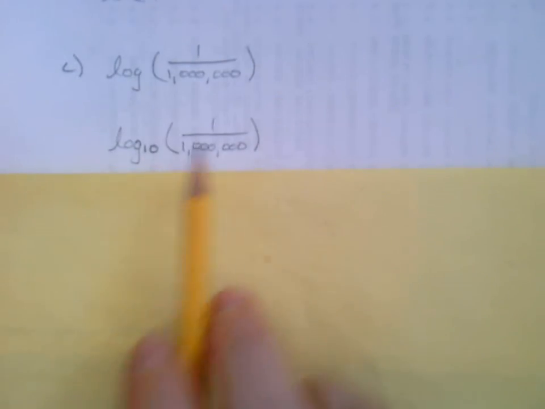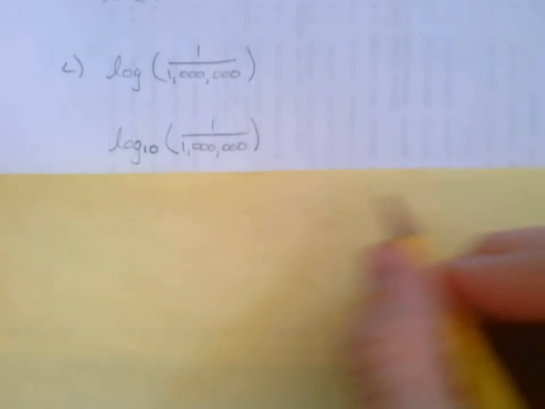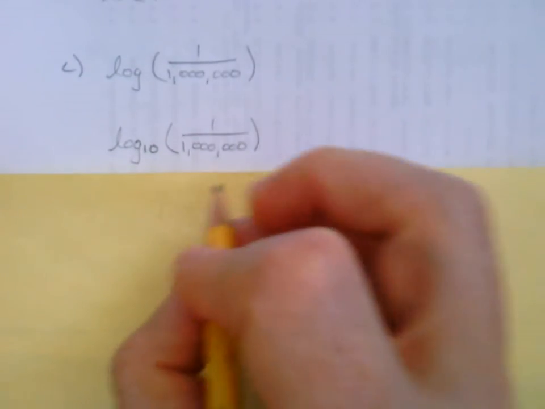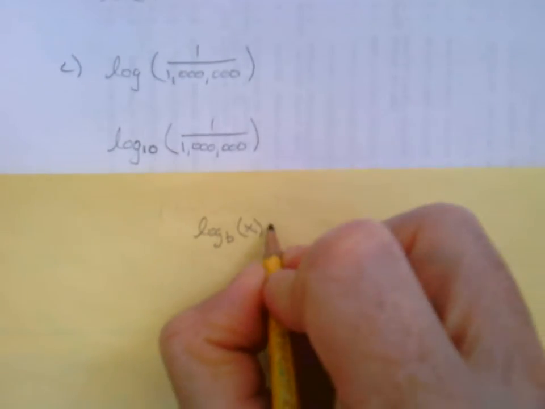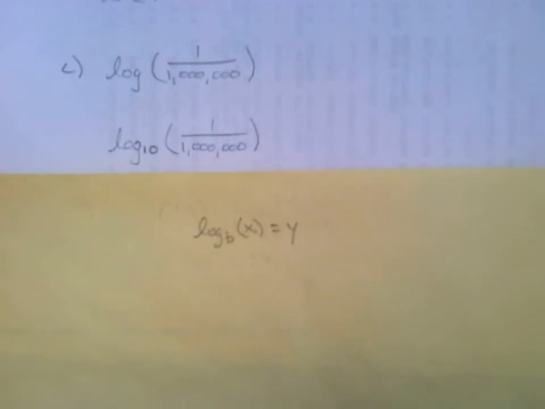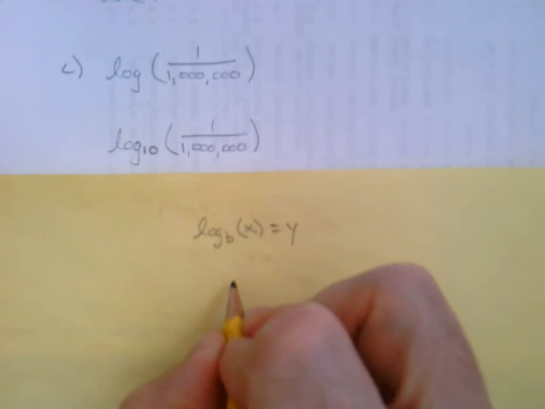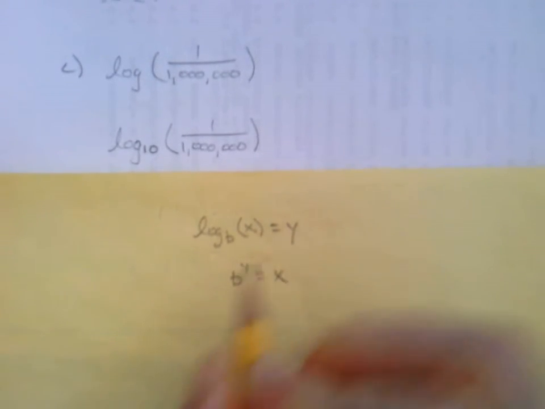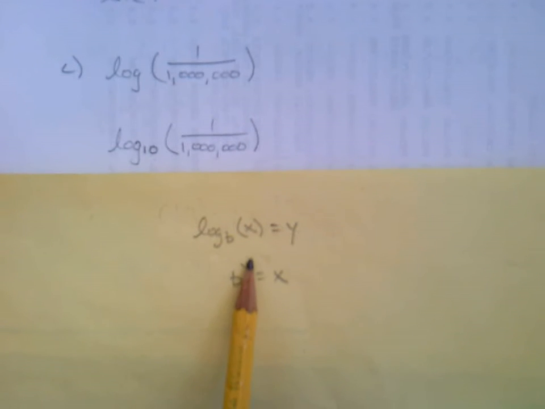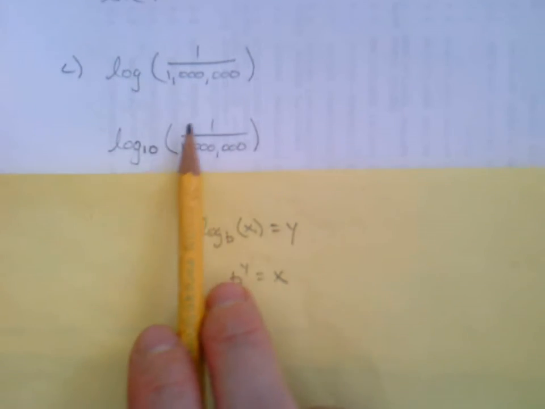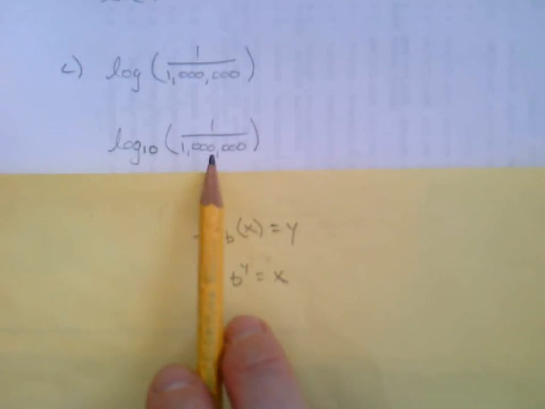Okay, so if I've got base 10, remember how we're going to go about this. We're going to say, all right, log base b of x equals y, so I can rewrite this as b to the y equals x. I know my base is 10. 10 raised to what power would give me that number right there, the 1 over 1 million?